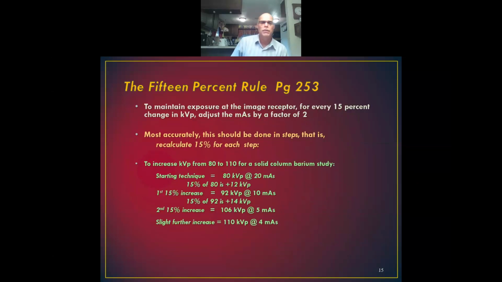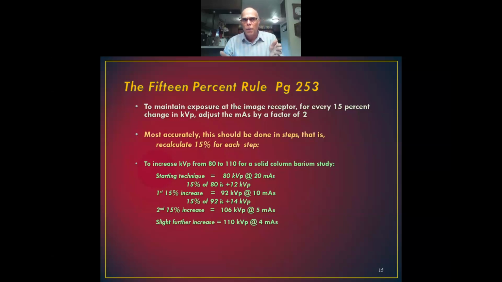So on page 253, it says to maintain exposure at the image receptor, for every 15% change in kVp, whether it's an increase or a decrease in kVp by 15%, we will adjust the mass by a factor of 2. So if we're going to increase our kVp, we're going to have to reduce our mass by 1/2.